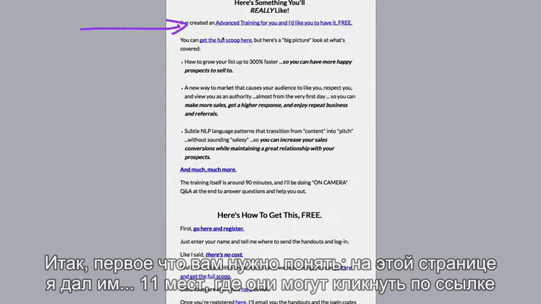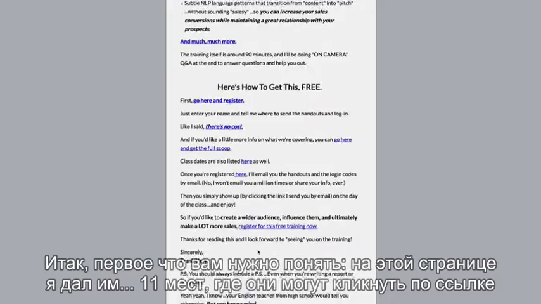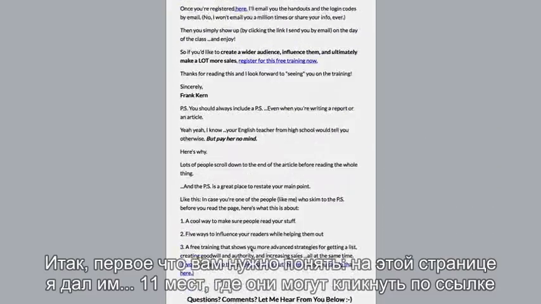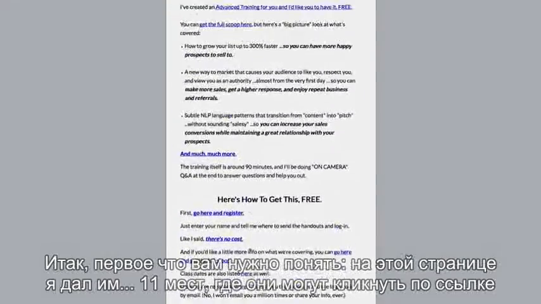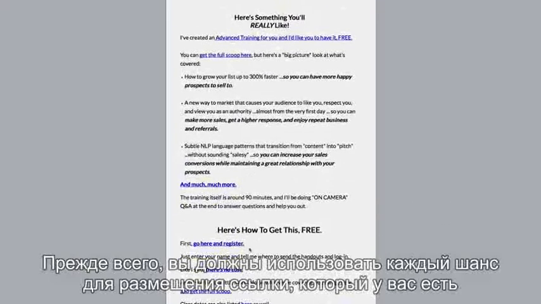So the first thing I want you to realize is on this page, I have given them 1, 2, 3, 4, 5, 6, 7, 8, 9, 10, 11 different places where they can click to go. So first of all, every chance you get to put a link to the place you want them to go, do so, right?